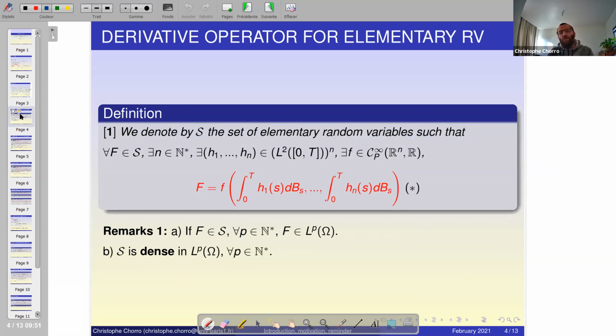I will denote by calligraphic S the set of elementary random variables in this course.